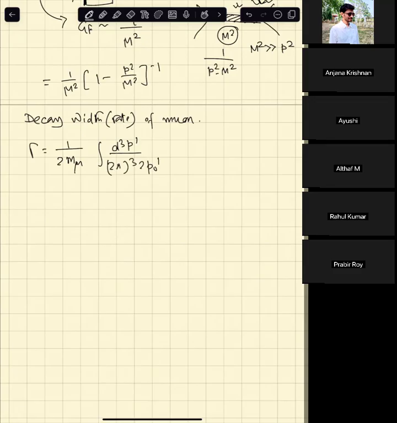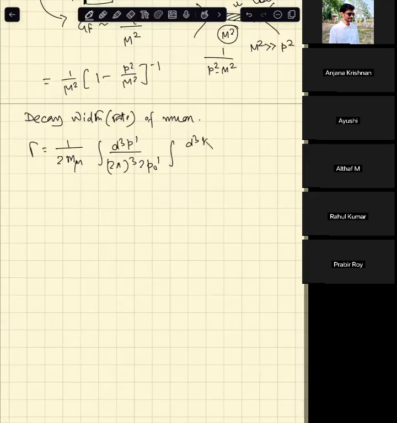So now we have one going to three body, so we have a three body phase space. For all these three particles, we write down the phase space. So this is, for example, d^4p prime, which you can write in this particular form through the theta function integral, and then the 2k naught, and then d^3k prime by twice pi cube twice k naught prime.